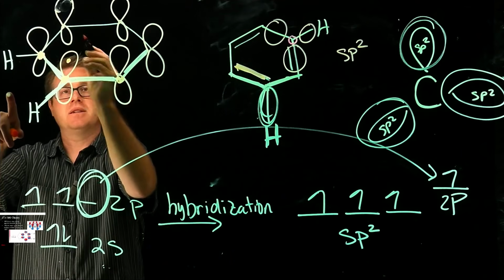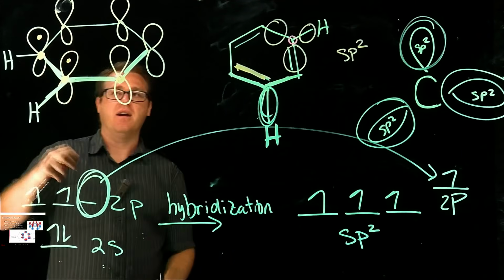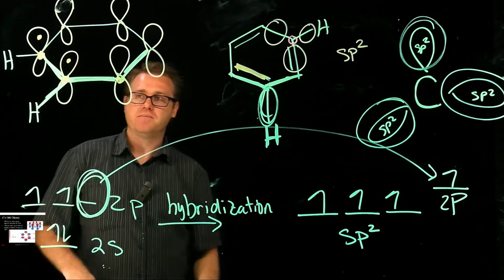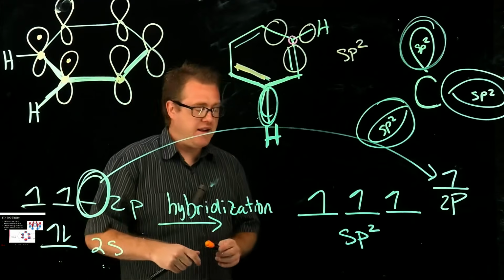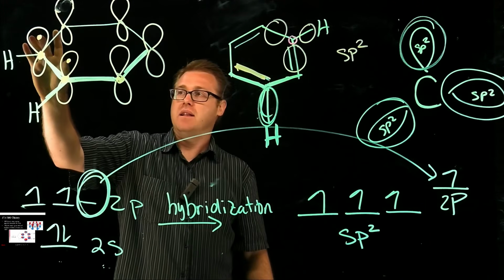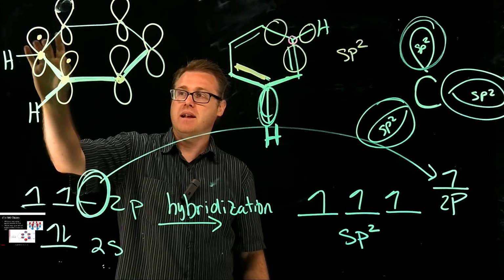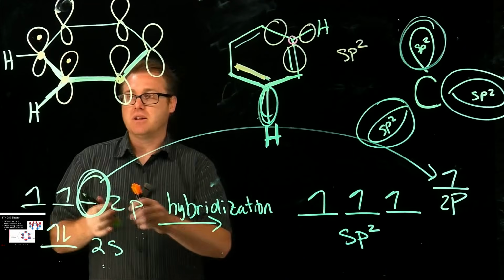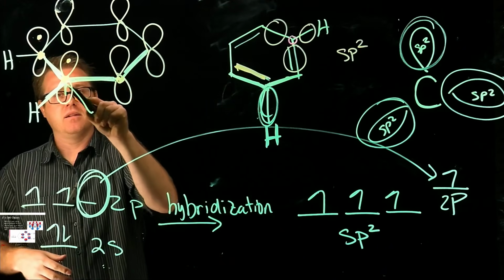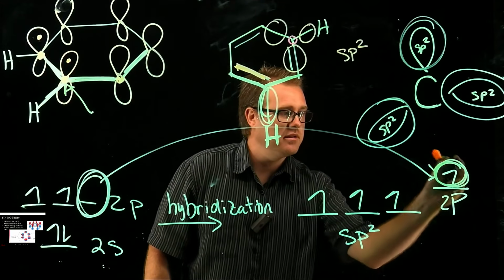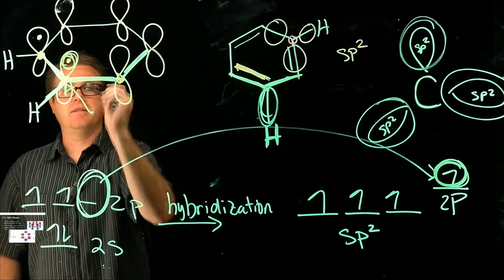Well, it's because there's an electron there and an electron there, and those two are forming that double bond. So it's very important to see that these electrons are in p orbitals. If I look at this carbon, do you see how this electron right there is that one right there?